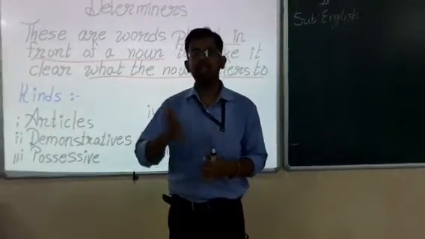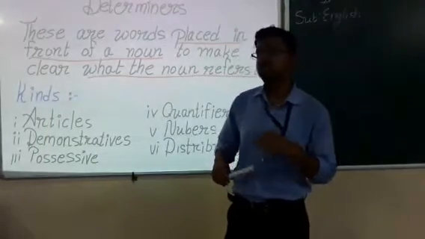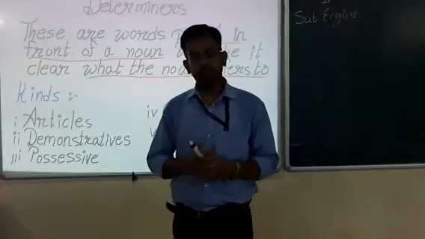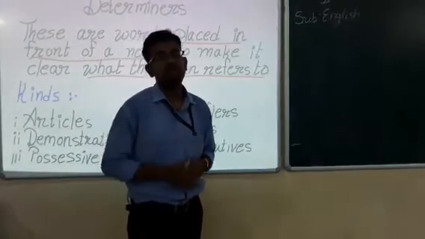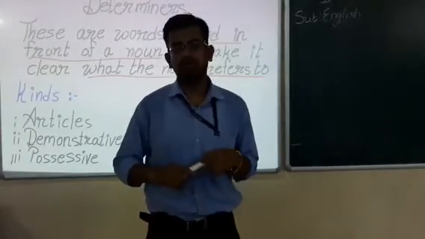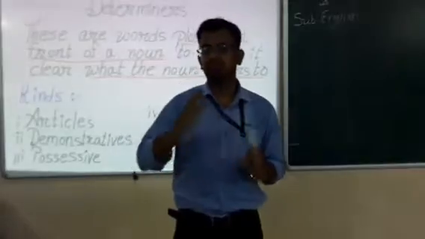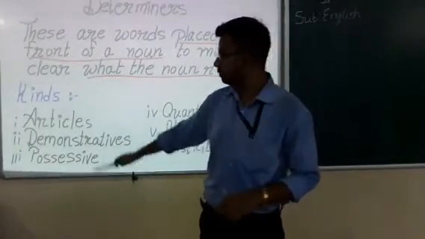Articles means a, an, the. Then second, demonstrative determiners, which we have also been learning from a very small age. What are demonstrative determiners? These are this, that, these, those. These are called demonstrative determiners.